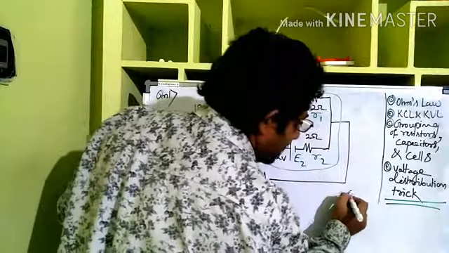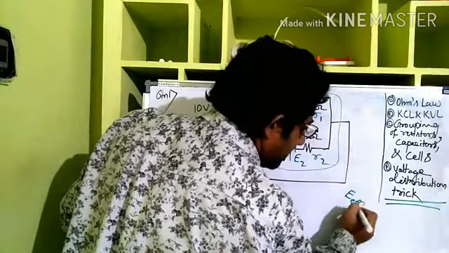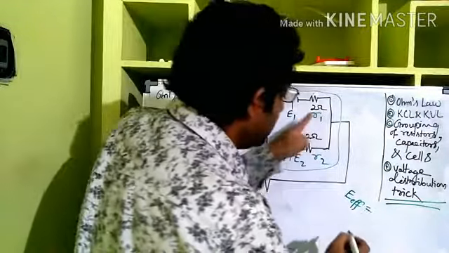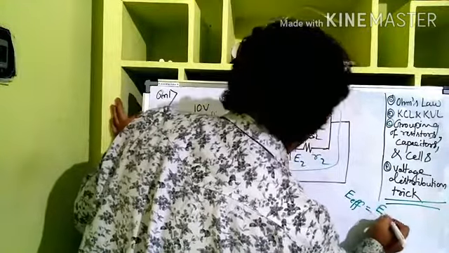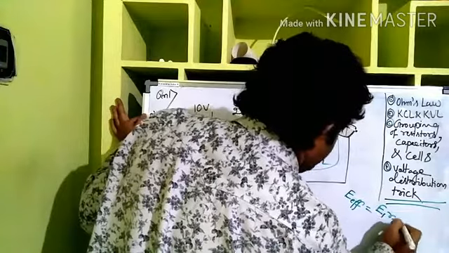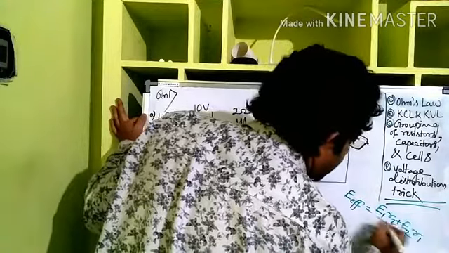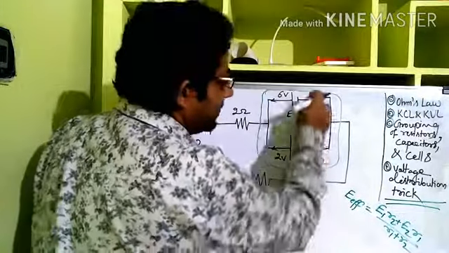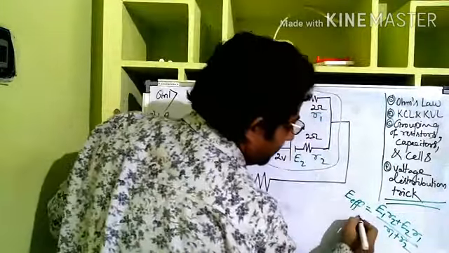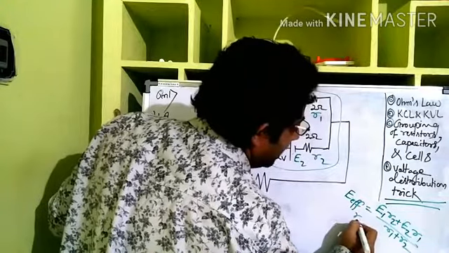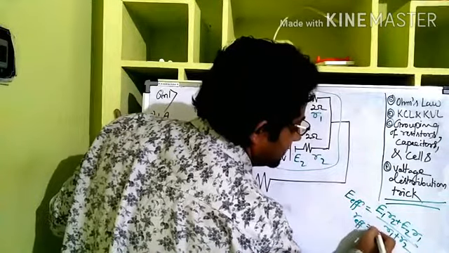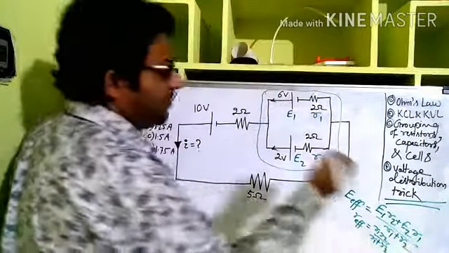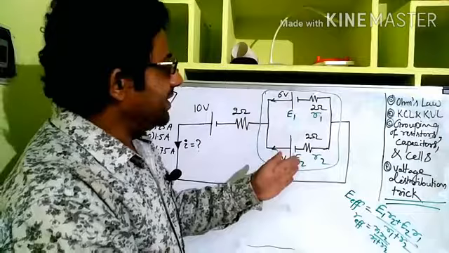So immediately the effective EMF is (E1 R2 plus E2 R1) by (R1 plus R2). That is the trick, right? (E1 R2 plus E2 R1) by (R1 plus R2). And the 2 resistances are in parallel, so the effective internal resistance is equal to R1 R2 by (R1 plus R2).